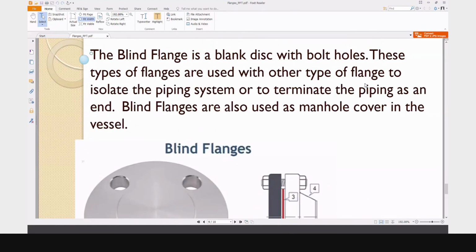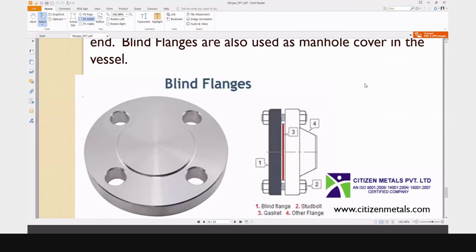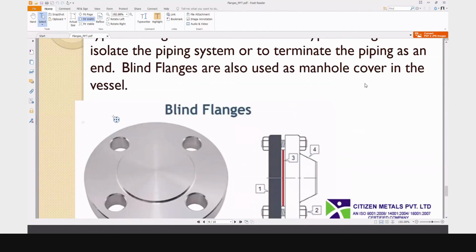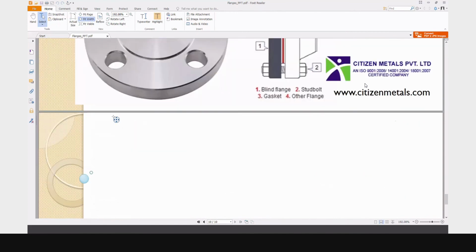So the blind flange is a blank disc with bolt holes. This type of flange is used with other types of flange to isolate the piping system or to terminate the piping as an end. It can be used as a manhole cover also. So this is the blind flange. You see here?